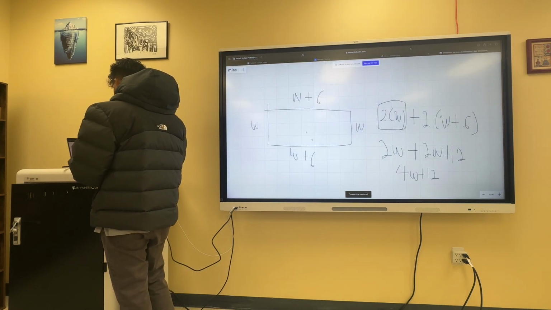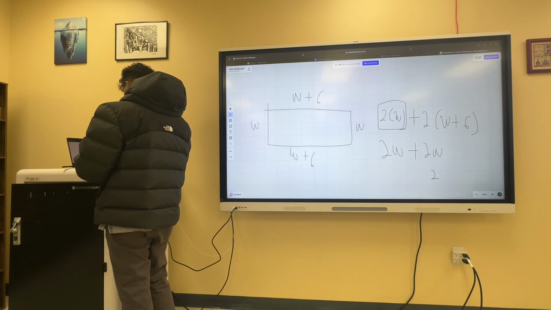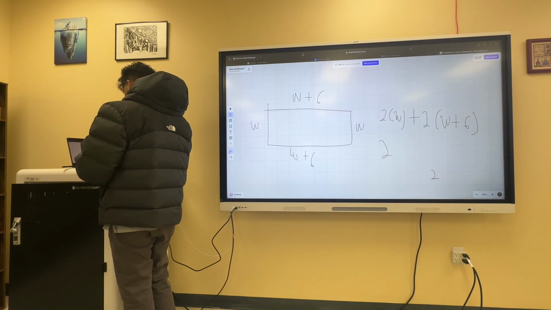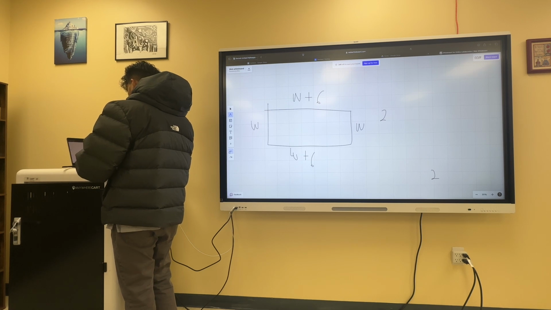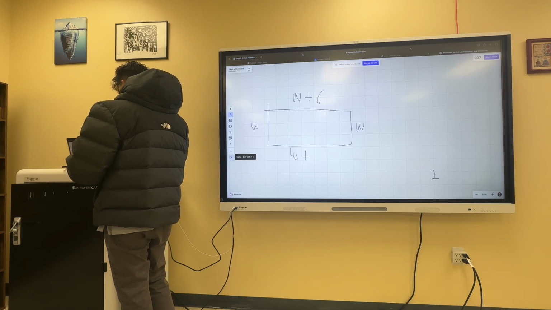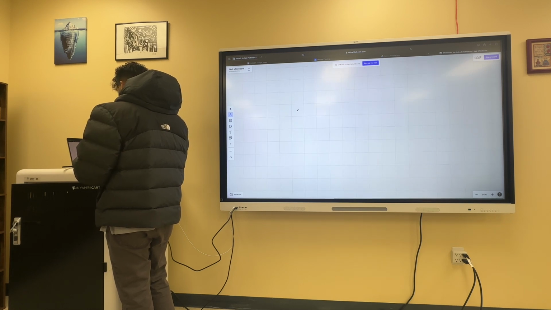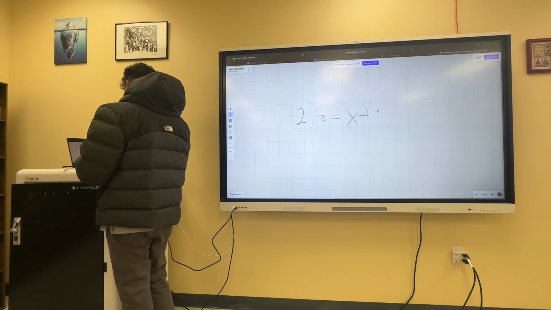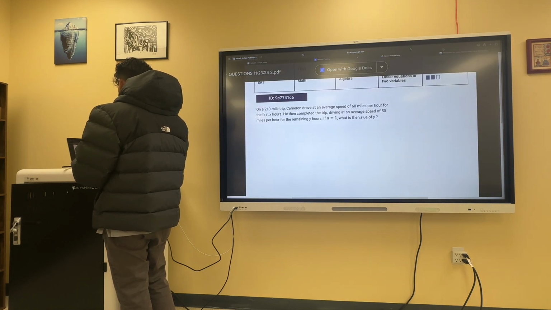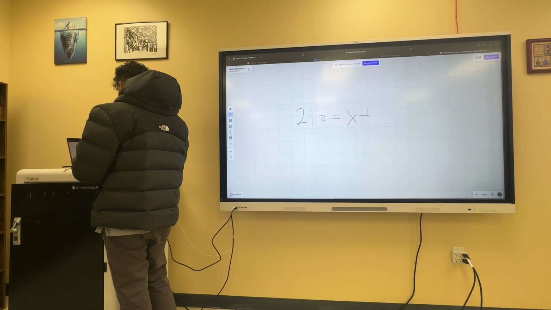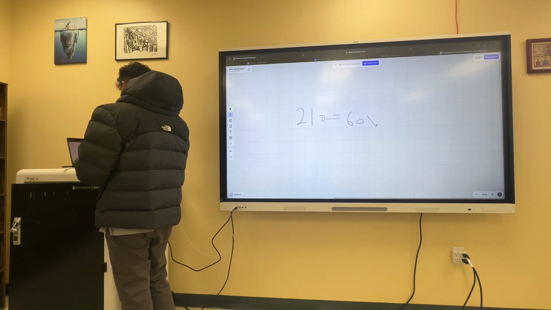So on a 210-mile trip, let's just go here. So 210 equals X plus Y. Actually, no, this wouldn't be X plus Y, this would be 60X plus 50Y.